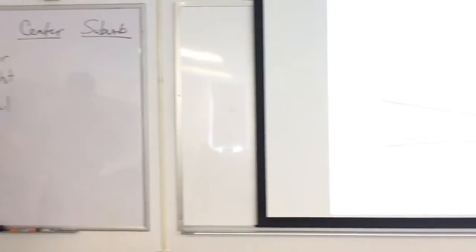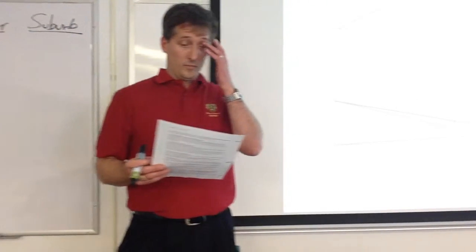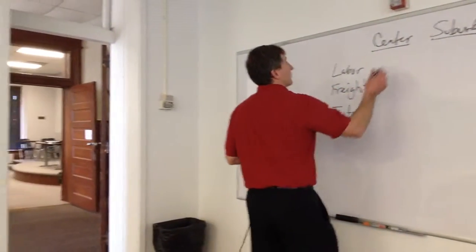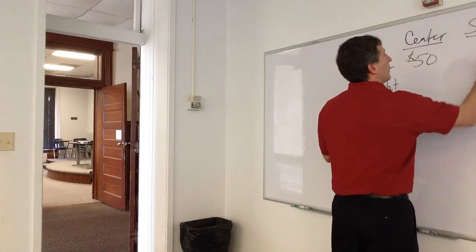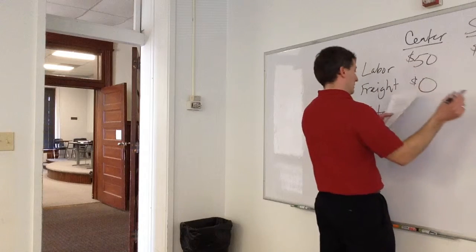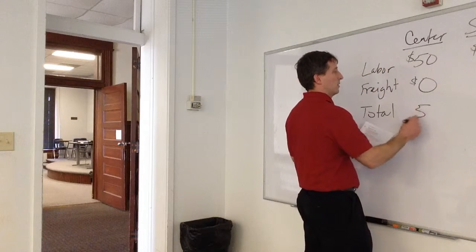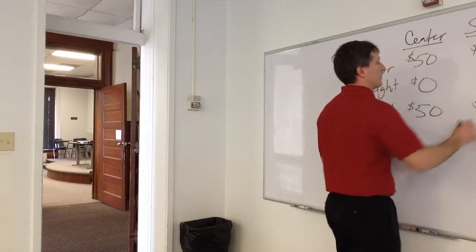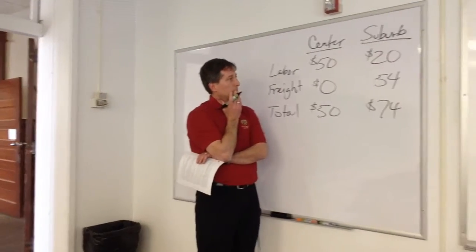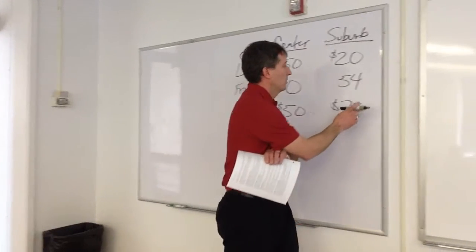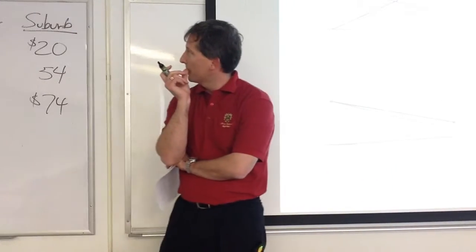So you've got your numbers already. Okay, 50, 20. You're doing your 9 per mile times the distance.